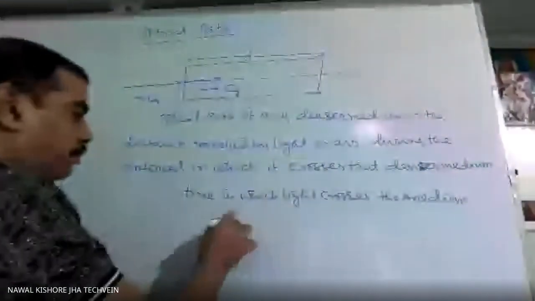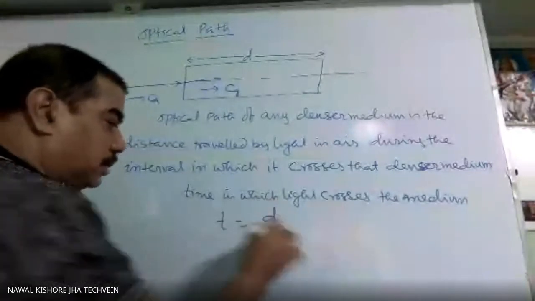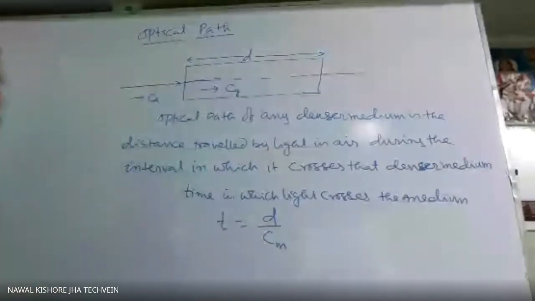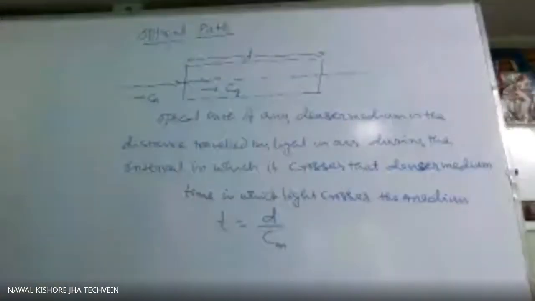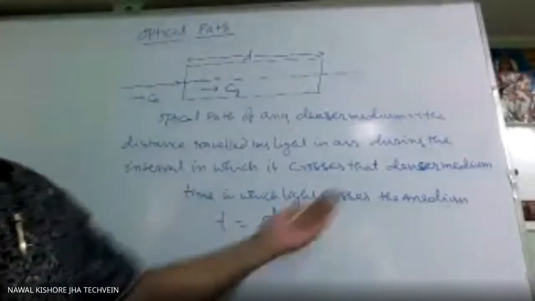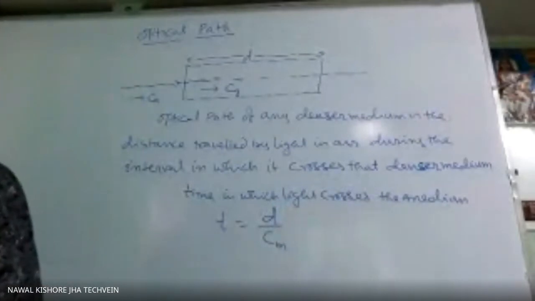This time T will be distance over speed. Suppose the speed in the medium is c_m. So time will be distance over speed, d over c_m. During the same time, what is the distance traveled in air? That is the optical path.